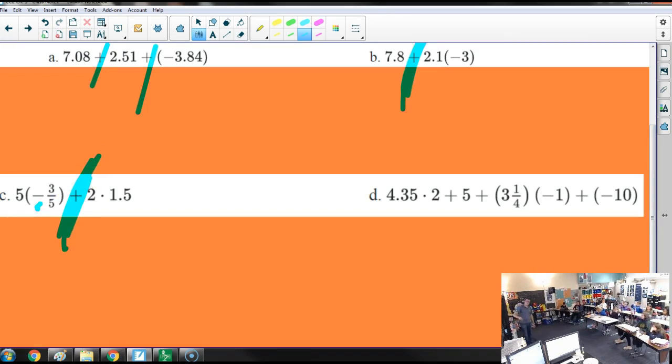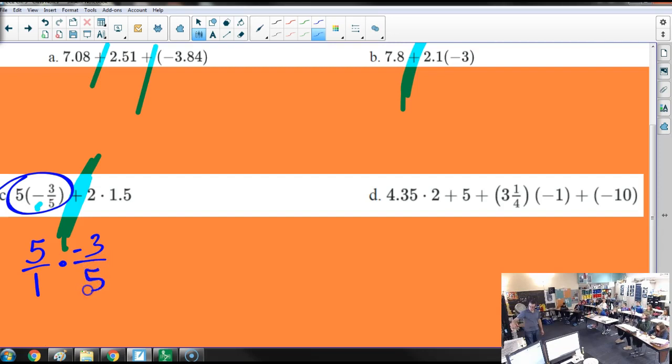Now, if we go through solving that, you don't have to write this down, but I want to make sure that we make this reminder about how this happens easily. Anytime we're working with a fraction, make everything a fraction because it makes your life easier. So if I make 5 a fraction, it's 5 over 1 times the negative 3 over 5. It doesn't matter where you put the negative. Give me your eyes real quick.